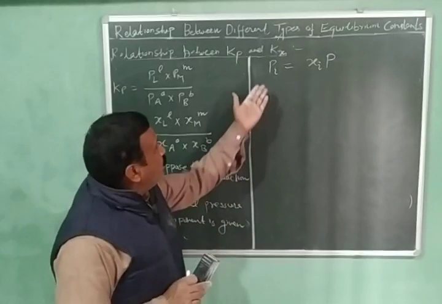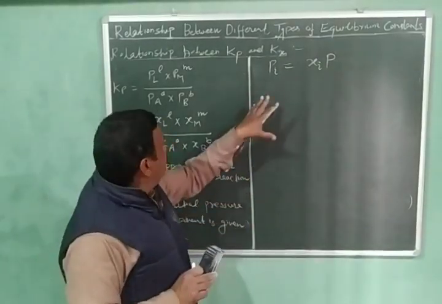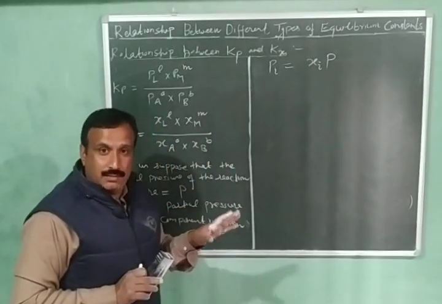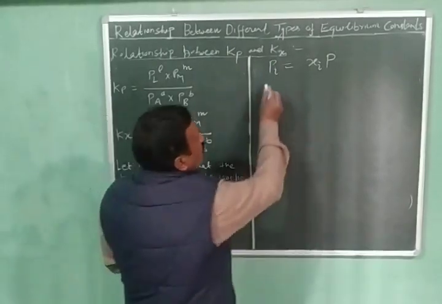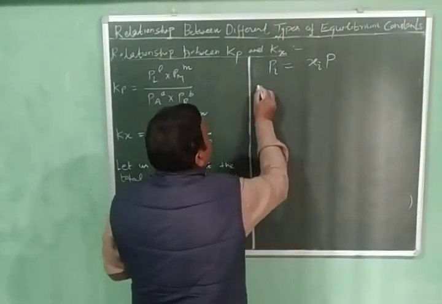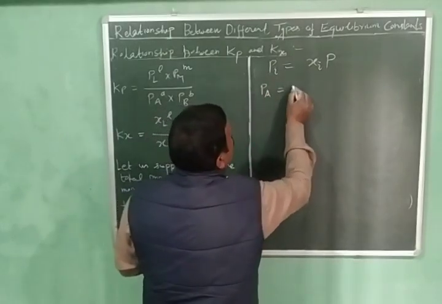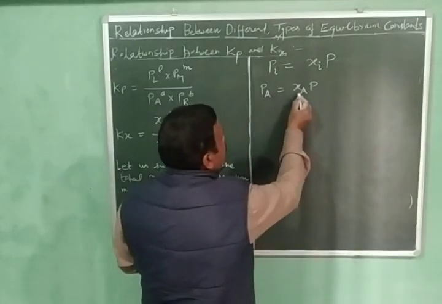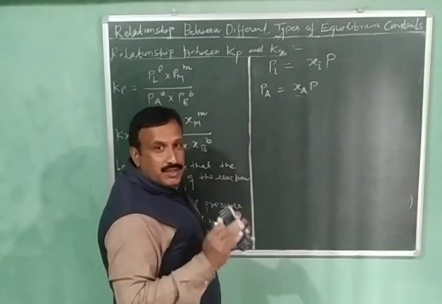Okay, and from this equation we can write the partial pressures of our reactants, that is A, B, and our products L and M. So following this expression, PA will be equal to XA into P, that is the mole fraction of A into the total pressure of the reaction mixture.